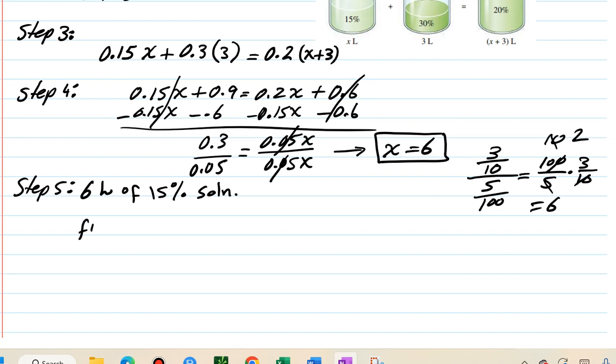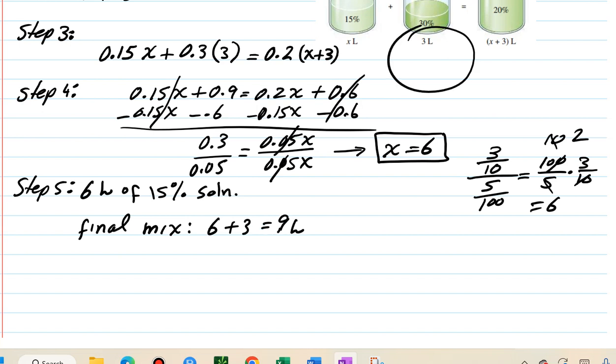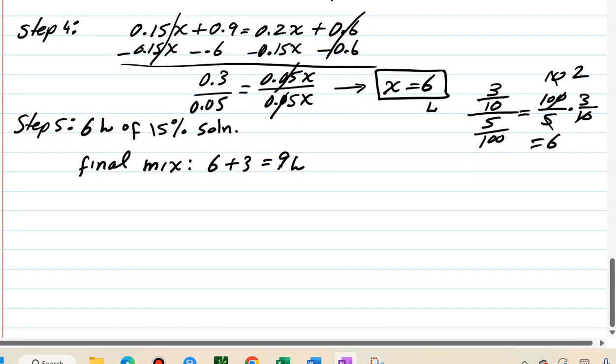Now the final mix, just so you have it, is going to be 6 plus 3 equals 9 liters. Remember, we had 3 liters of 30% that was combined with the 6 liters. The units on X would be liters. For applied problems, we also attach the units, in this case liters.